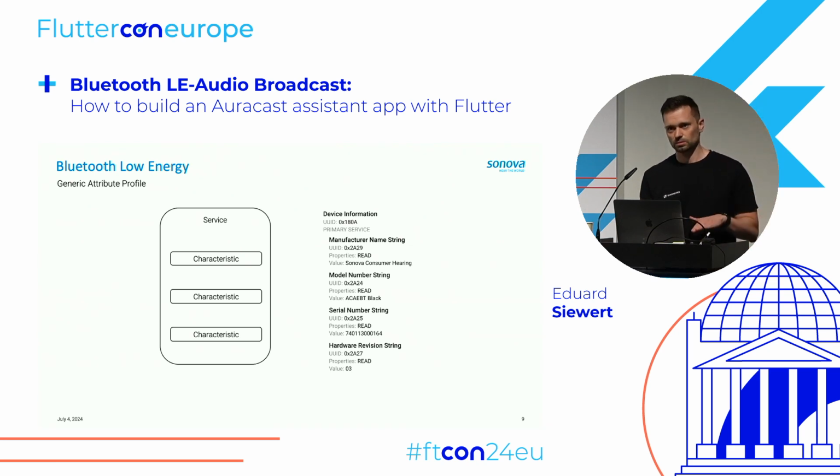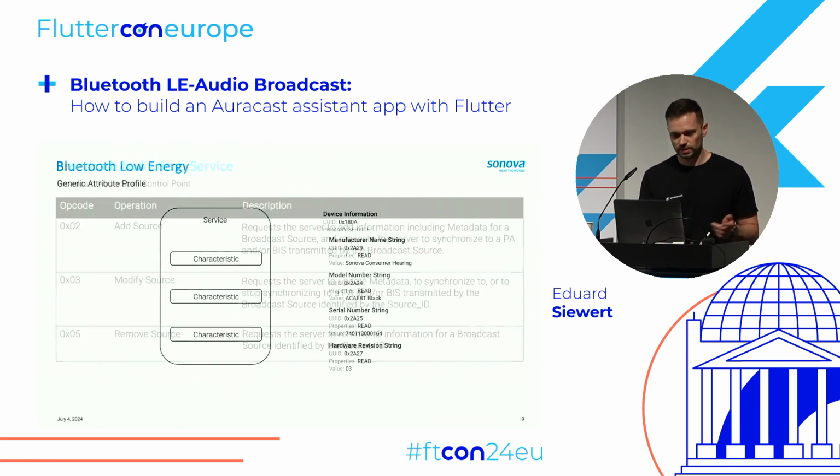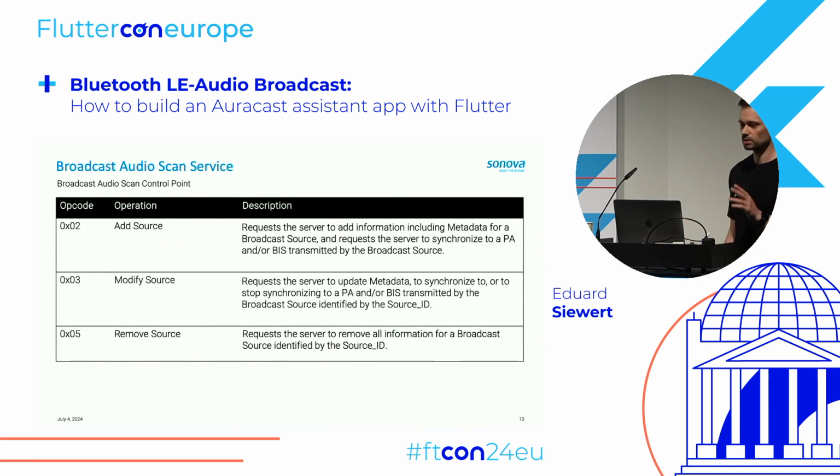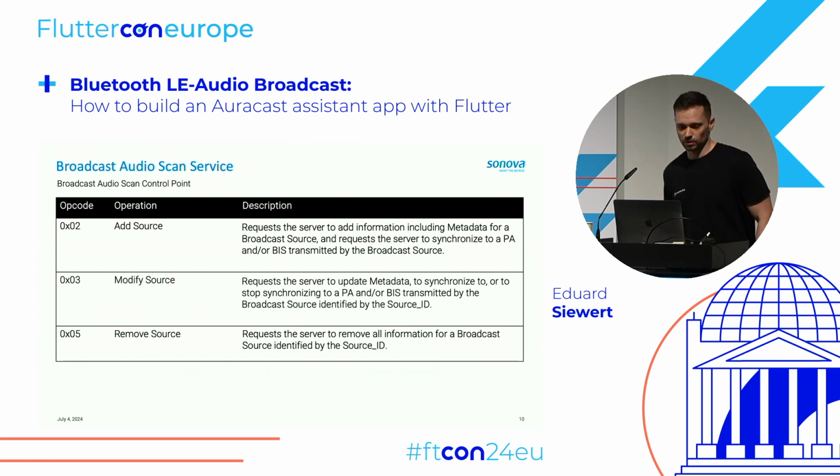So with knowing this, we can go back in our specs and see what our receiver provides us. And you will find something called a broadcast audio scan service. That's also the one that I've shown you before. And there's a characteristic called broadcast audio scan control point.